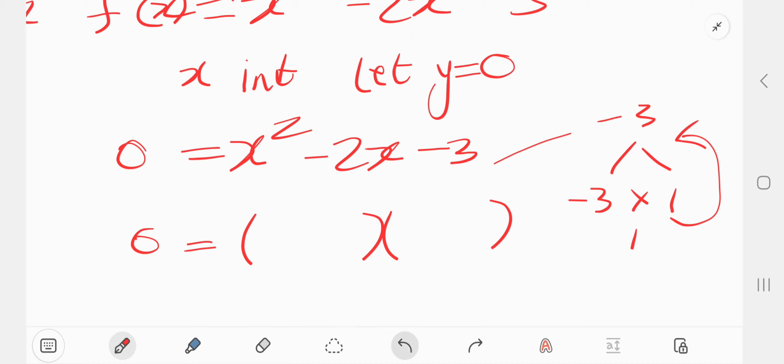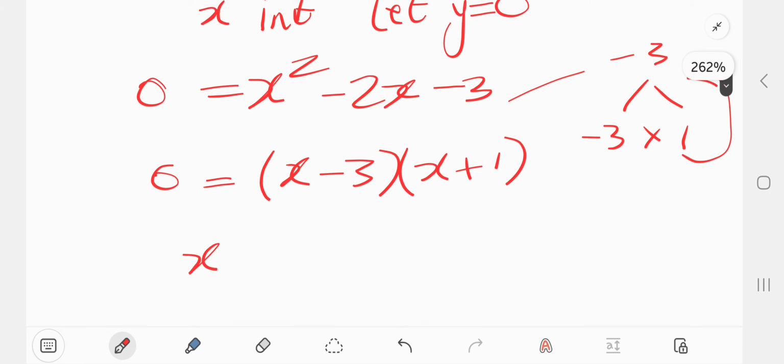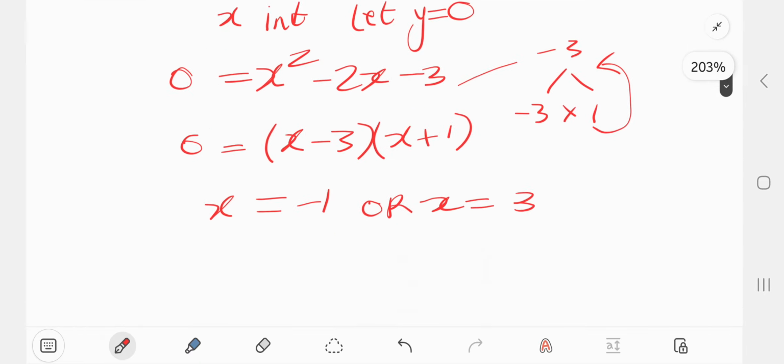Then we're going to have x minus 3 and x plus 1. And then therefore x is equal to, I just want to write them in ascending order, negative 1 or x is equal to 3. So those are our two x-intercepts.